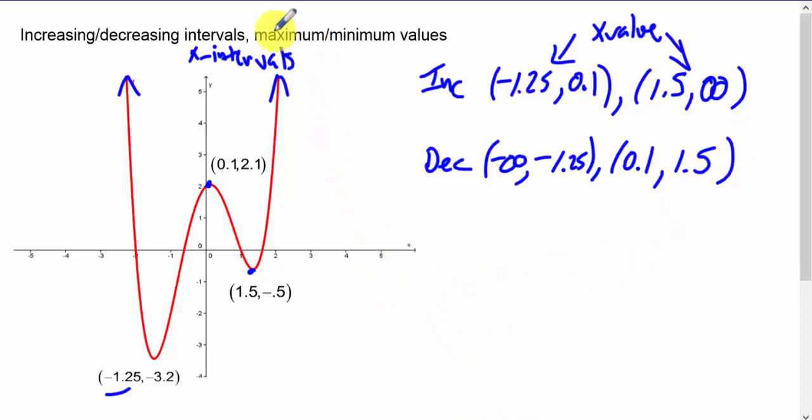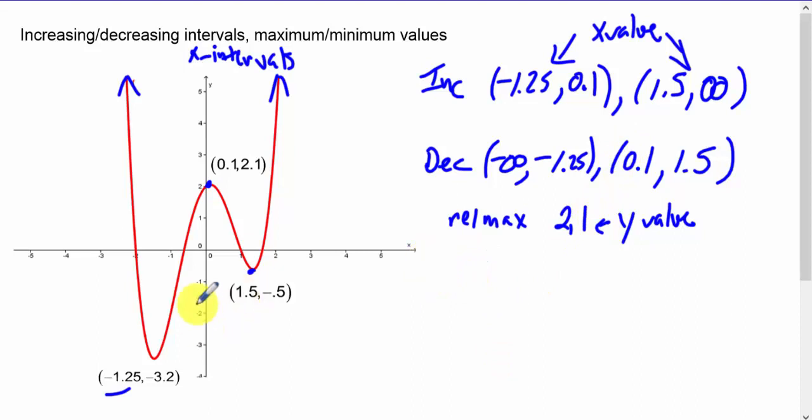Now, where are the maximum and minimum values? Or better yet, what are the maximum and minimum values? We say this has a relative max of, well, this is a relative max right here, and we're going to use the y value to state what that relative maximum is.